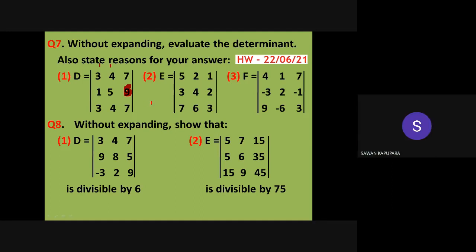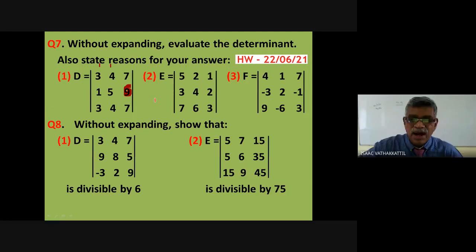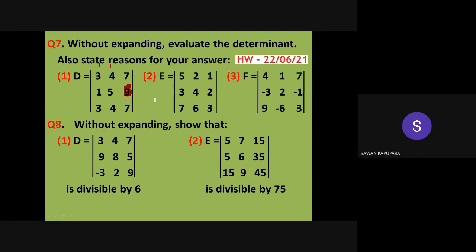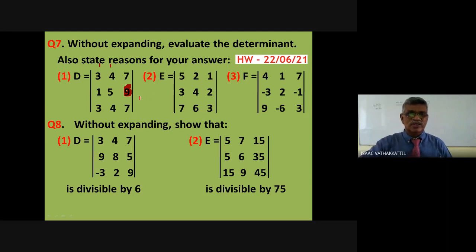Sir is telling that in the first one, the first row and the third row are also equal. Oh, sorry. That is true. So even without changing the 6, you observed well. Fine. 3, 4, 7, 3, 4. That's obviously 0. No need of any operation. Okay, that's fine. So you can keep that in mind itself. I was just overlooking that. Okay, now you are doing well.